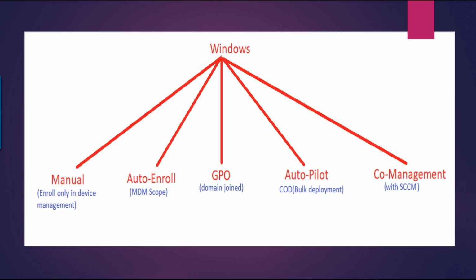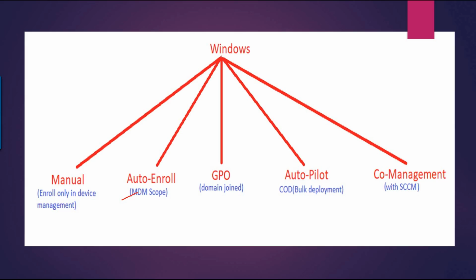Once the device is Azure AD registered, if we have set up something called the MDM scope for the user who has done the Azure AD registration, the device gets automatically enrolled to Intune. So clicking on Connect does not do an enrollment to Intune. It only does an Azure AD registration. Depending upon the MDM scope set, the device gets enrolled.